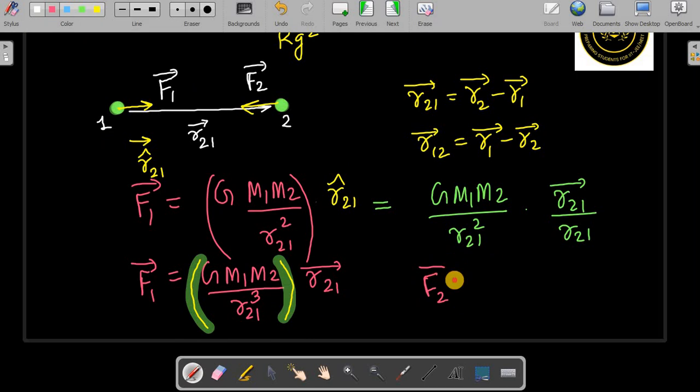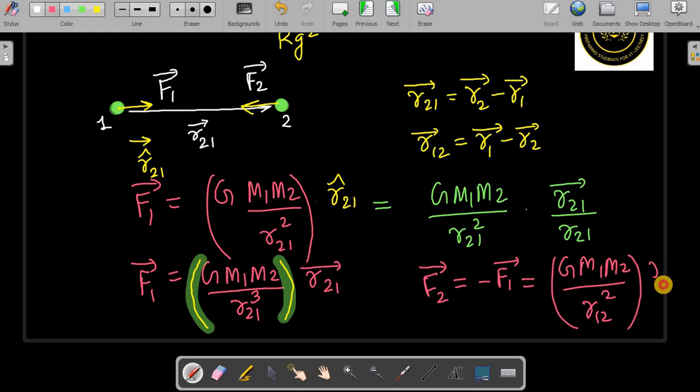Similarly, F2 vector can also be written. You can simply write F2 is minus of F1 vector. This you can simply write, but if you want to write it in terms of that, you may write G M1 M2 by R12 cube, or if you want first in terms of the square you write, and then cap, so R12 cap.